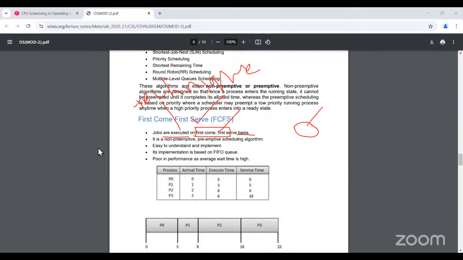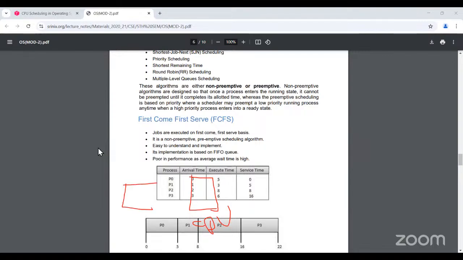The meaning is, suppose this is the CPU, and this is the process, and other two processes are there. Now CPU time is given to it. Now for some reason it goes to the waiting state.